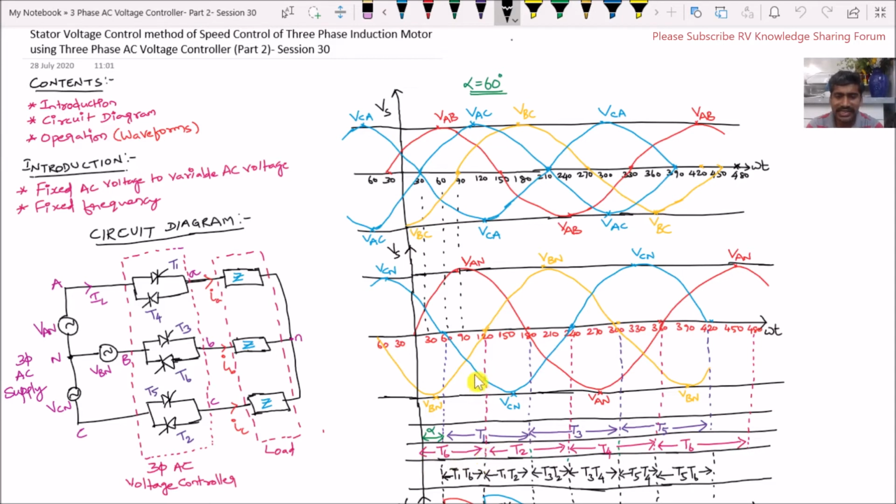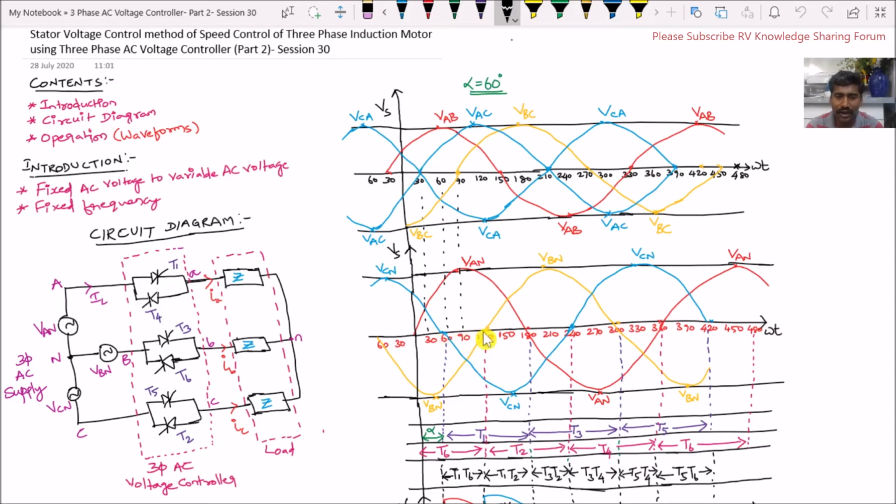The next negative half cycle of the phase voltage is VCN, which is connected to the thyristor T2. The negative half cycle of VCN starts at 60 degrees. From here we have to leave the firing angle of 60 degrees, so 60 plus 60 becomes 120 degrees.